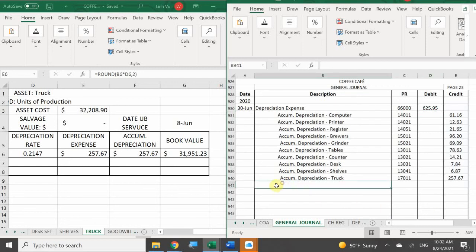And you can make a note here to depreciate all fixed assets for the month of June. And that's it for the depreciation expense.